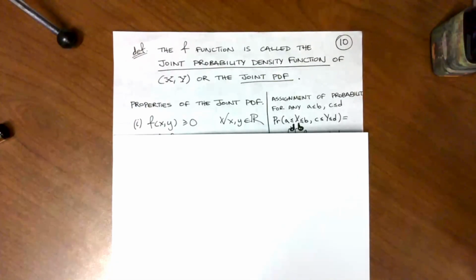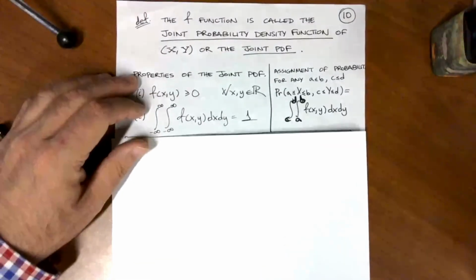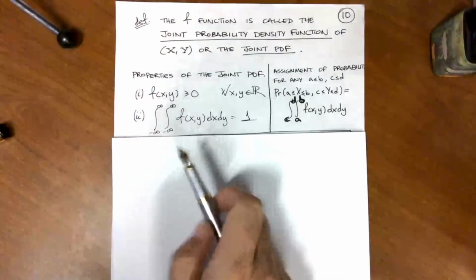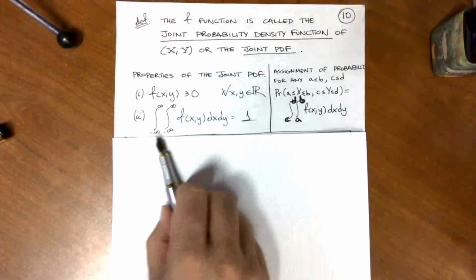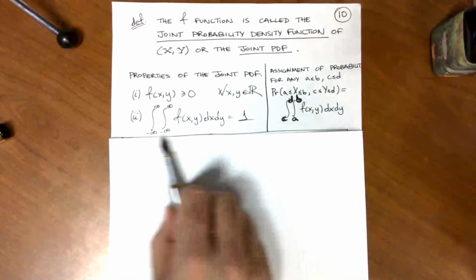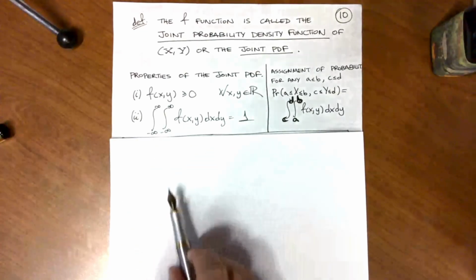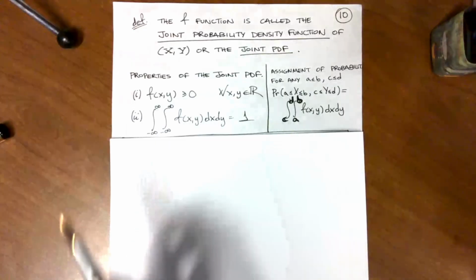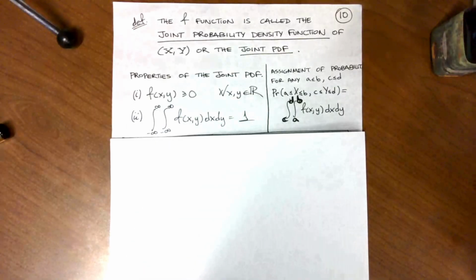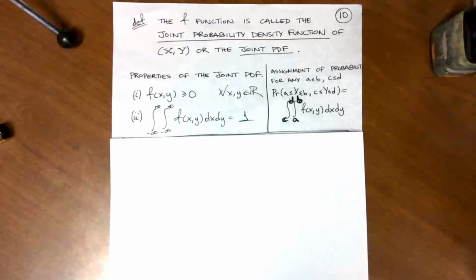The f of x comma y has to be non-negative for every x and y in the space of real numbers, and also the summation of this joint PDF across all possible values of x and y has to add up to 1. In the continuous case, this is identified by the double integral ranging across all possible values of x and y, theoretically minus infinity to infinity, and that adds up to 1.